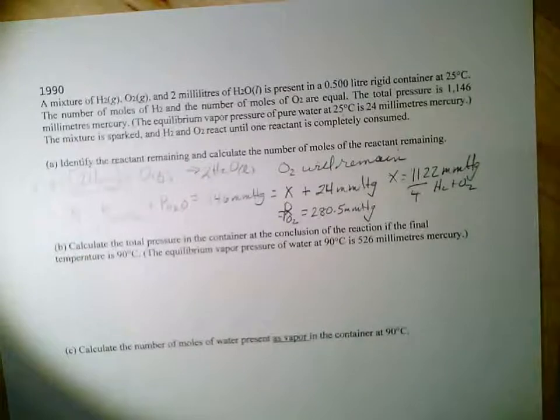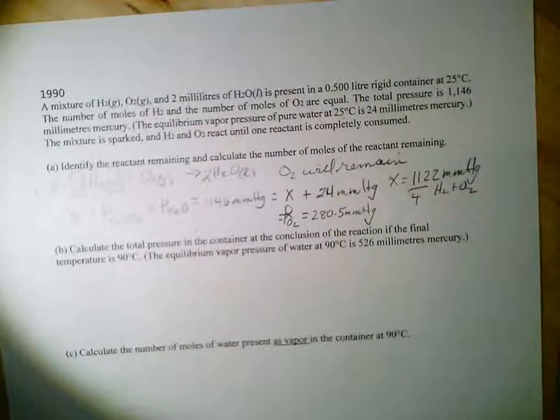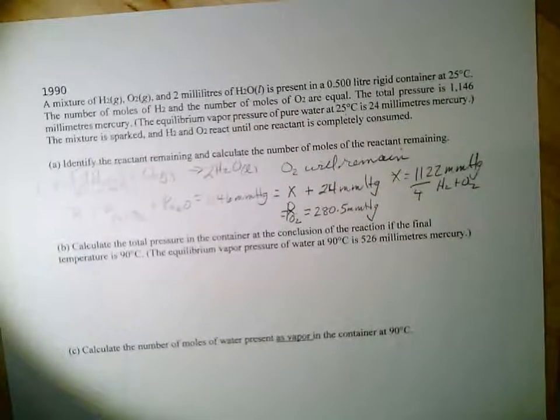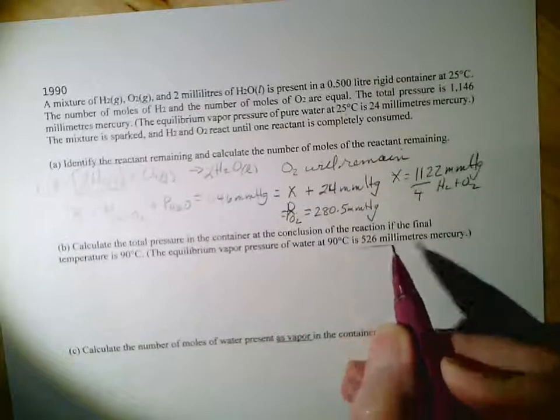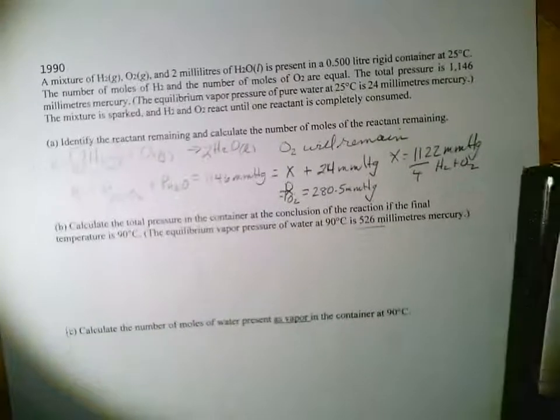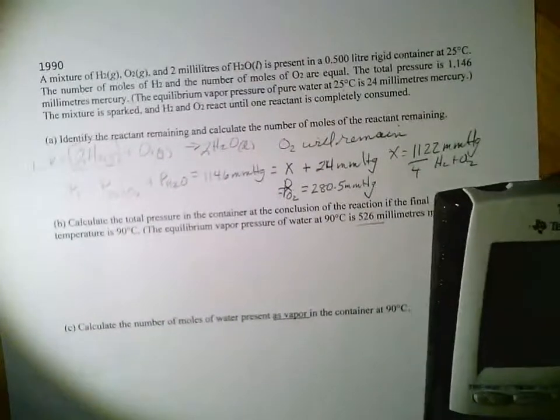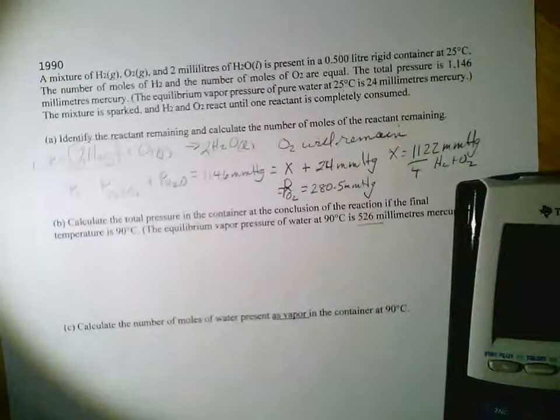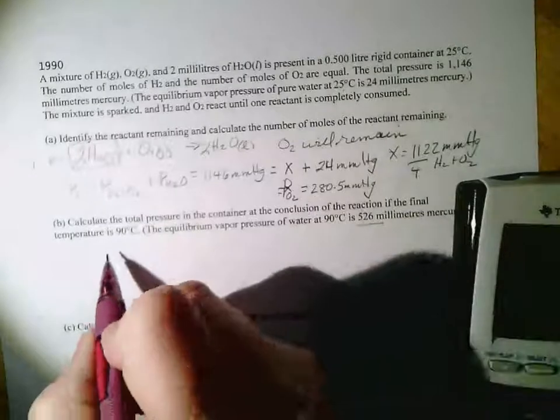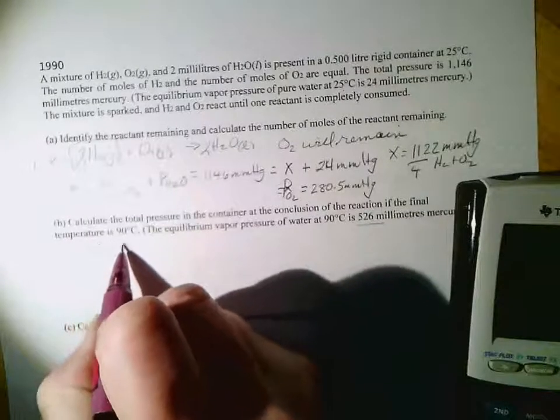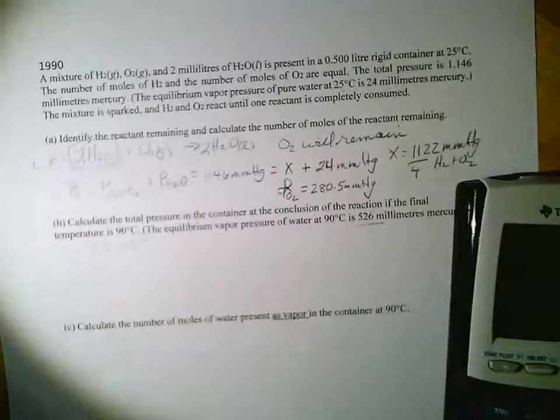Calculate the total pressure in the container at the conclusion of the reaction if the temperature is 90 degrees Celsius. Equilibrium pressure for that is this many millimeters of mercury. So now we have to do what? Well, we would have to convert. That sounds to me like PV equals nRT, right? How about you guys?